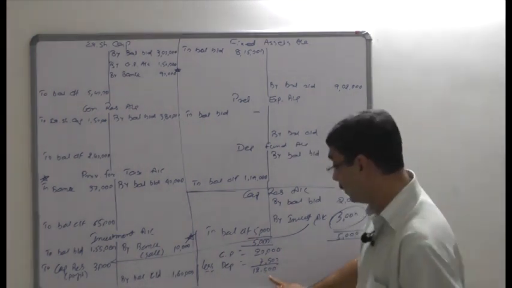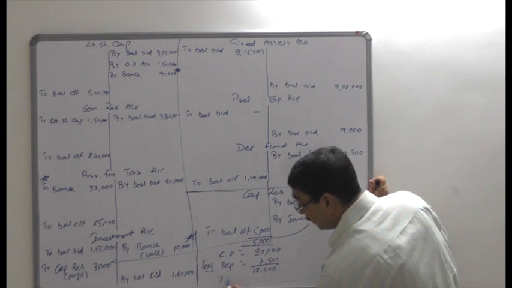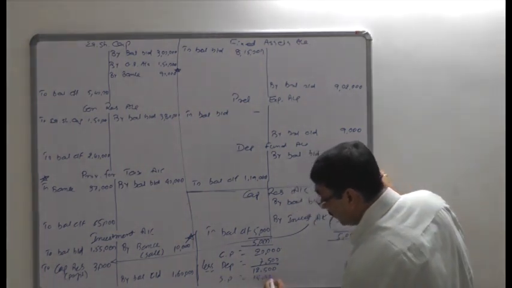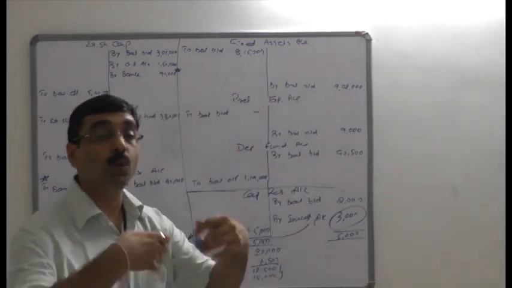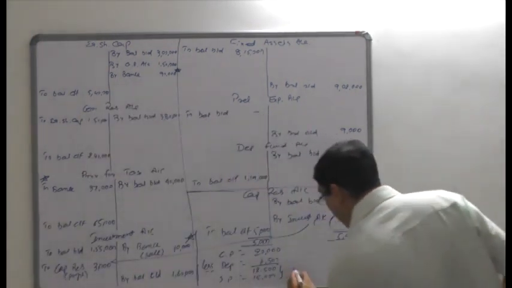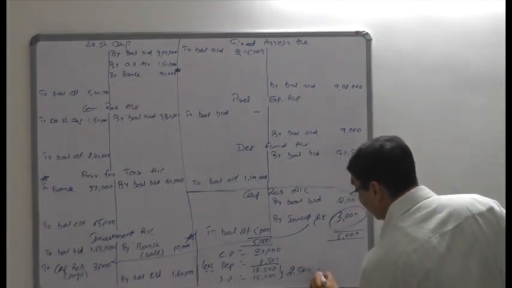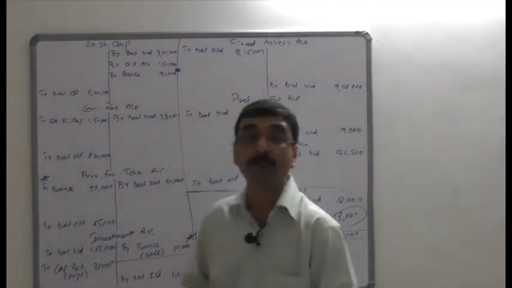After depreciated value it is 12,500, and the selling price of this machinery comes to 15,000. So between these two, your depreciated value is lower than the selling price. That means the sales price is higher. It means that the 2,500 rupees you received is a profit. 2,500 rupees, it is your profit.